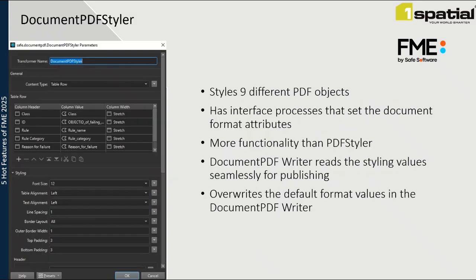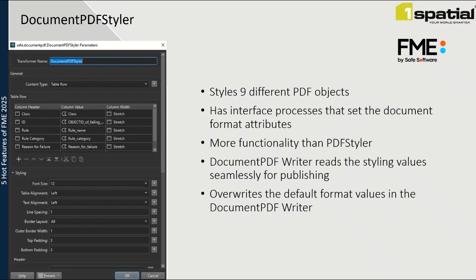So this is the PDF styler. It styles 9 different types of PDF objects. I've got a table up here on the left just to show you how it can very graphically create that for you and be really clear in formatting and column width and what the table's going to look like, as well as some styling and headers, and you can set captions as well. There's a few things you can do depending on what sort of content type you're creating.